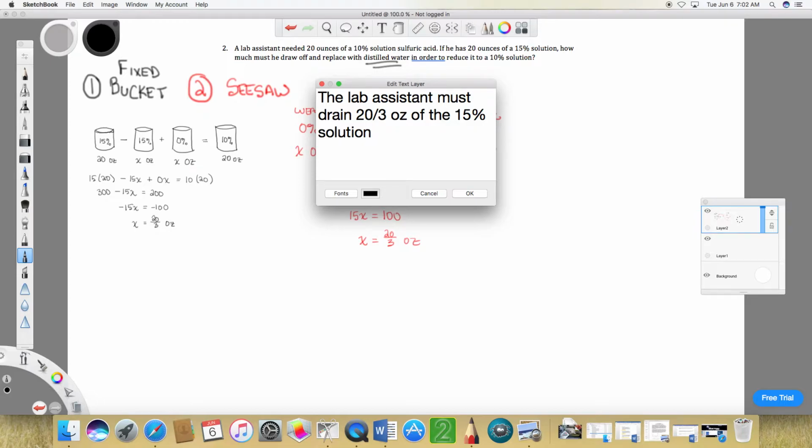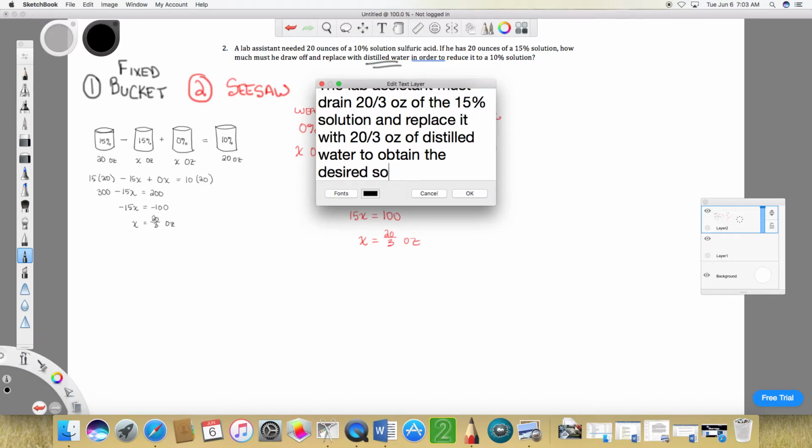The lab assistant must drain 20 over 3 ounces of the 15% solution and replace it with the same amount, 20 over 3 ounces of distilled water, to obtain the desired solution, or something like that.